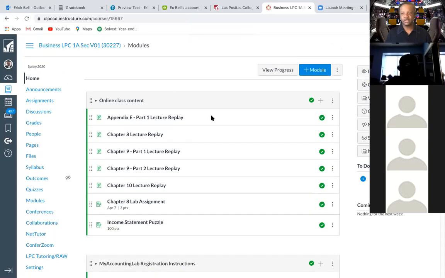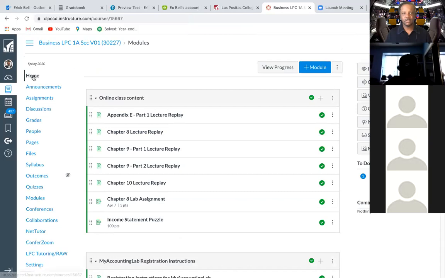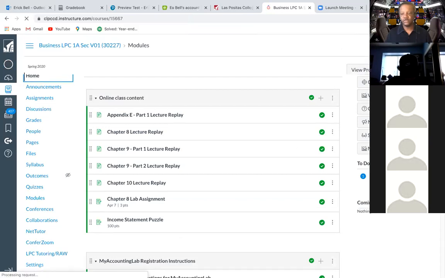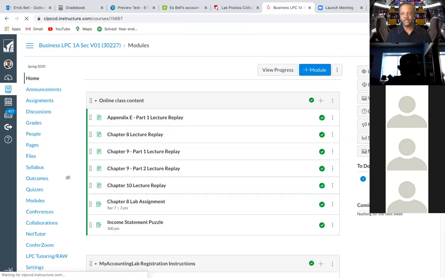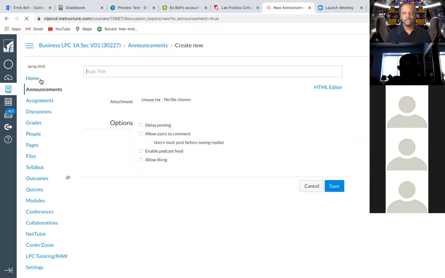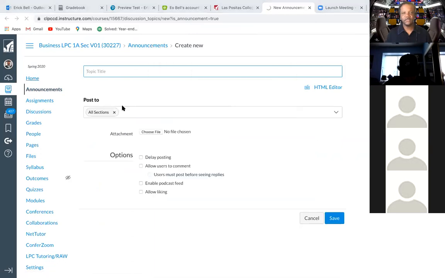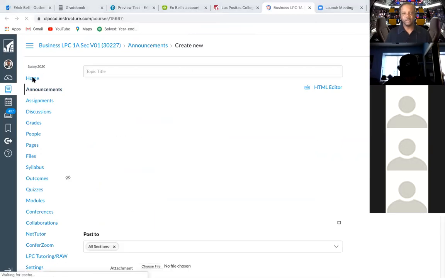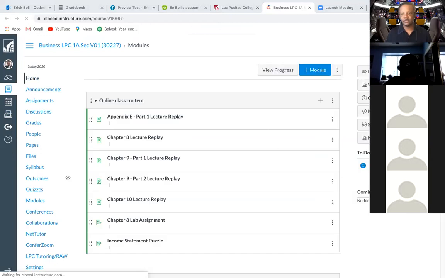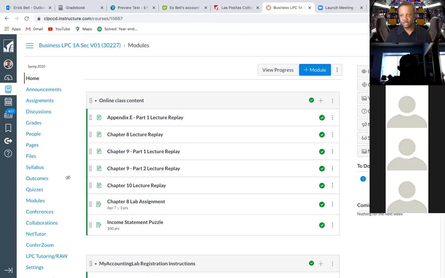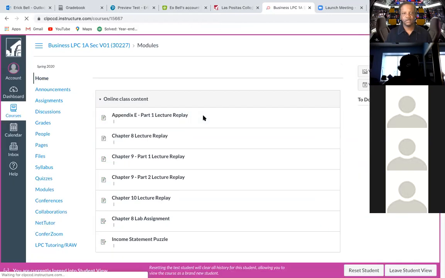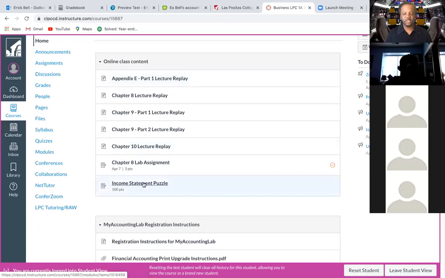So let me look at it from your perspective, student view. You guys are probably already there. Sorry. All right, student view. So if you go right here, you should see an income statement puzzle. I want you to click that.